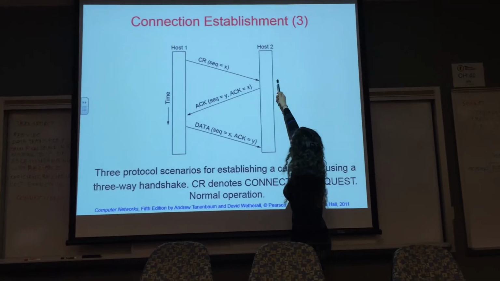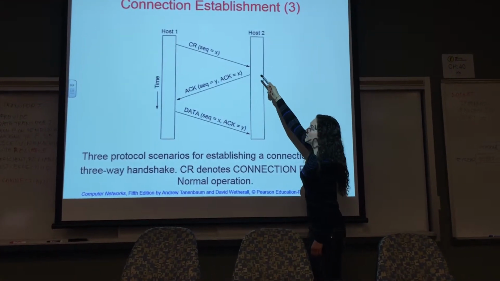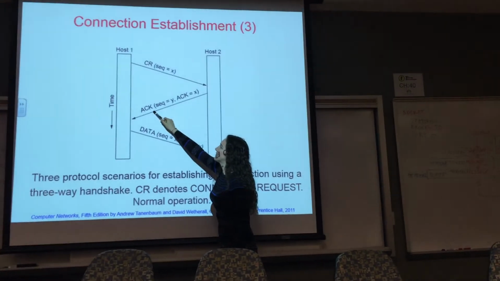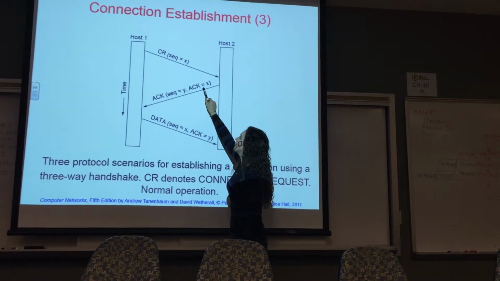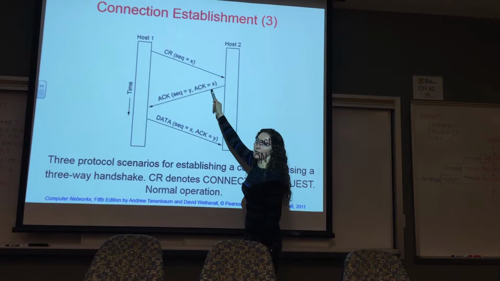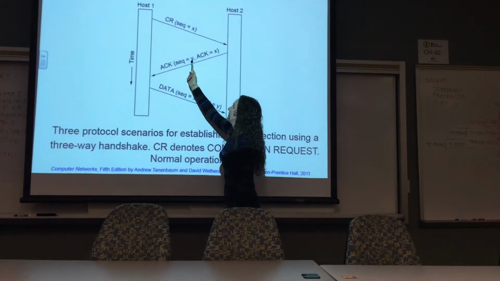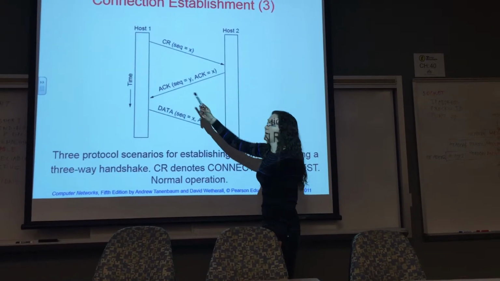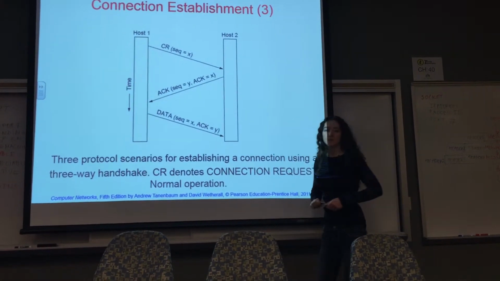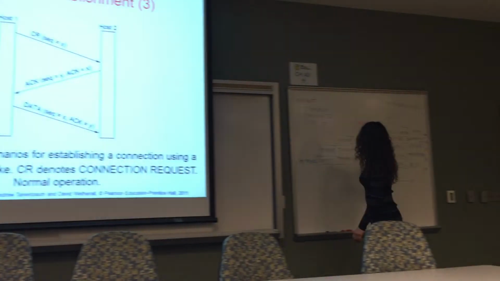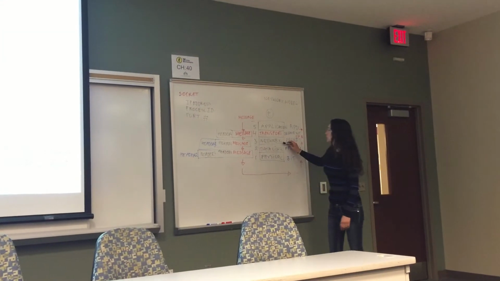The receiving side, the server, sees that and says, fine, I acknowledge that your sequence will start at number X, and my sequence will start at number Y, and sends back an acknowledgement. You see, that's very different from what's happening in the network layer. There were no acknowledgements there.